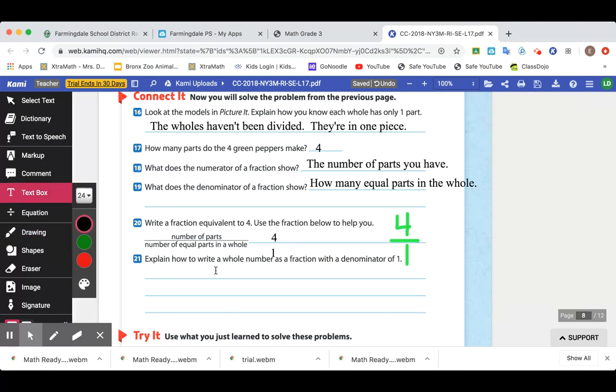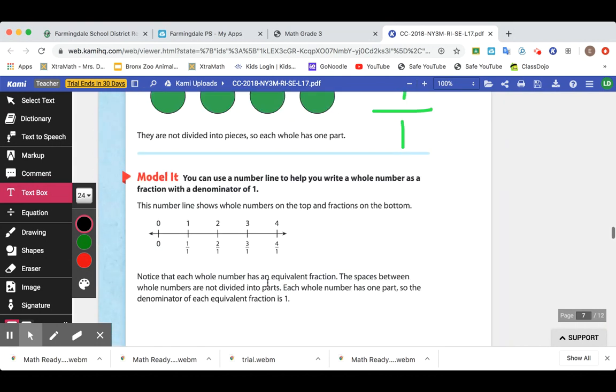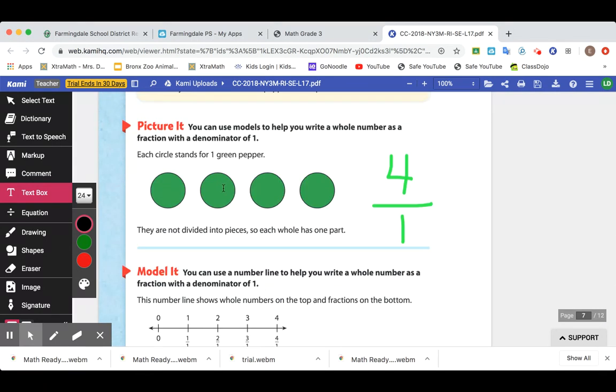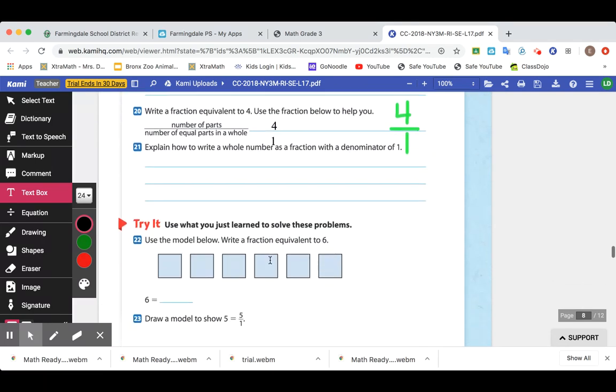Okay, explain how to write a whole number as a fraction with a denominator of 1. All right, so what's the first thing that we do? What did we do when we started here? We counted the number of peppers that we had, right? We counted the number, and then for the denominator, we looked at how many pieces each was. All right, so let's find a way to say that.